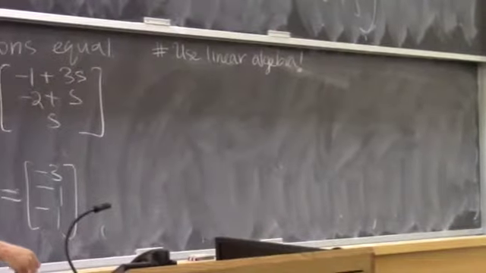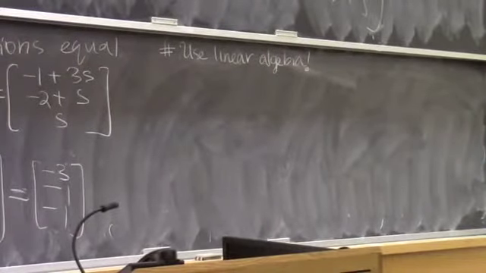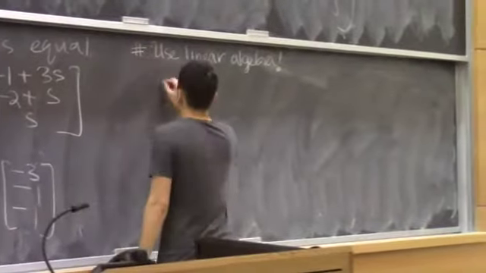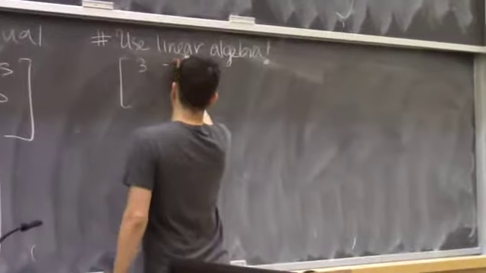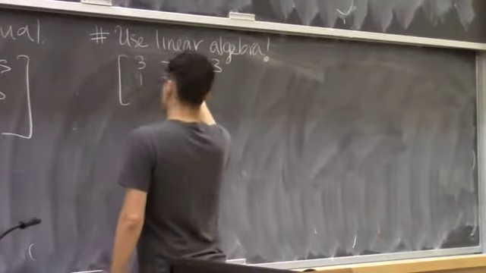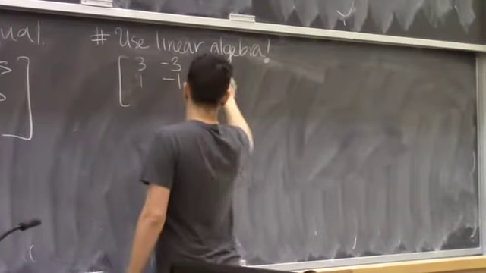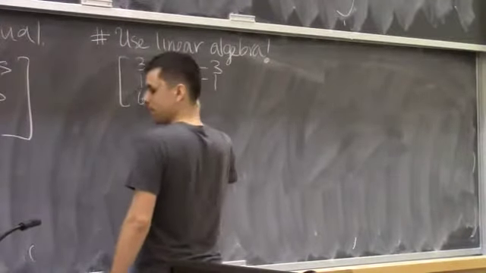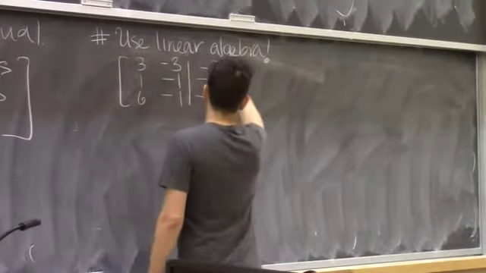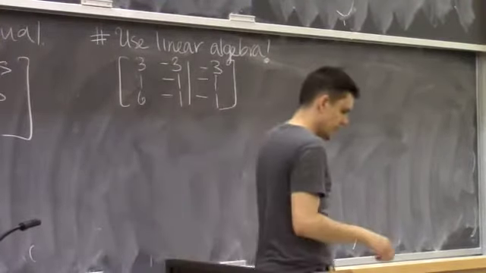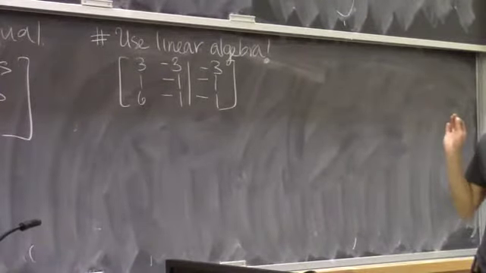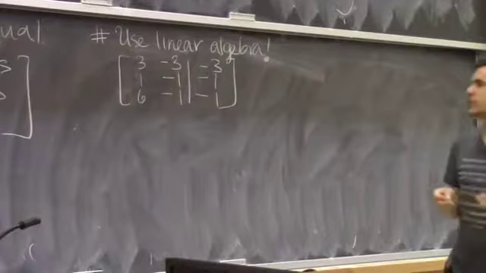So when we've got a linear system like this, we can write it as an augmented matrix. What I did was I just ignored the variables and wrote their coefficients.